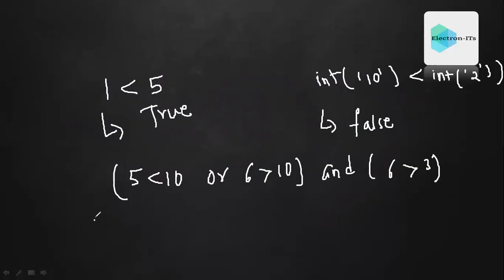So the result for this will be true, because one condition in the OR is true, so it will generate the true result. And the second condition in the AND is also true, so true and true is true. So this is how we can take the decision based on Boolean logic.